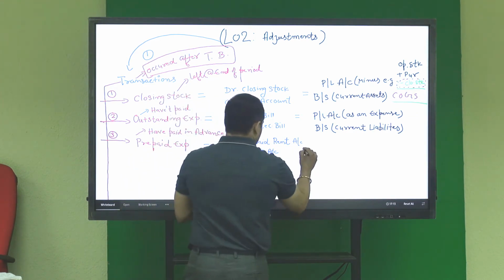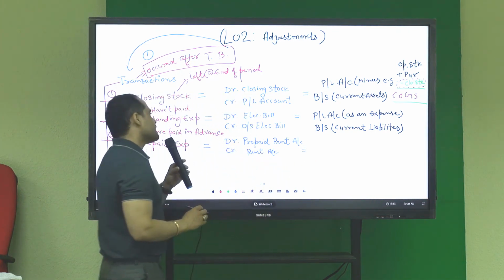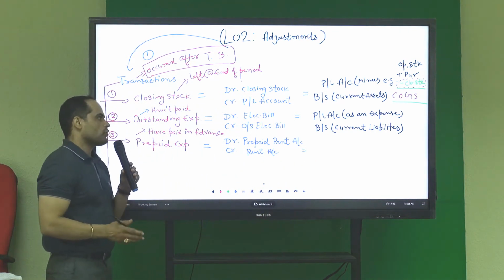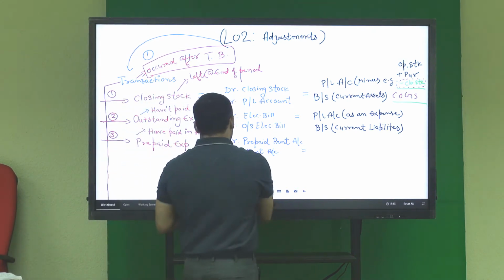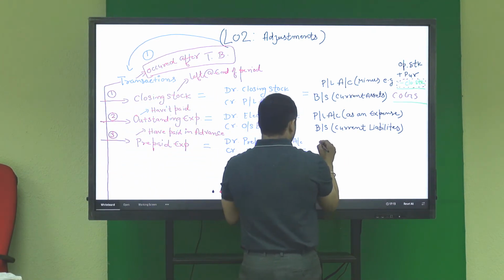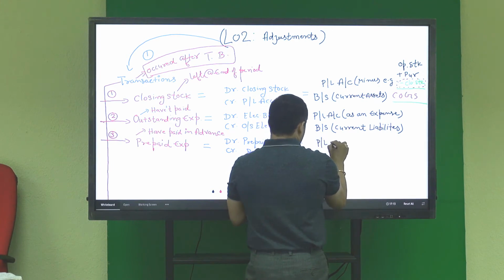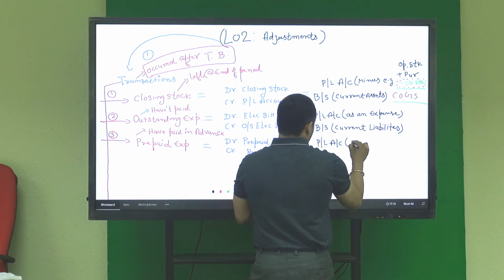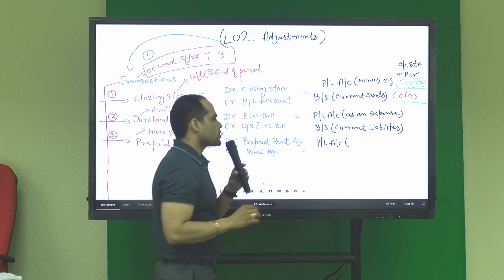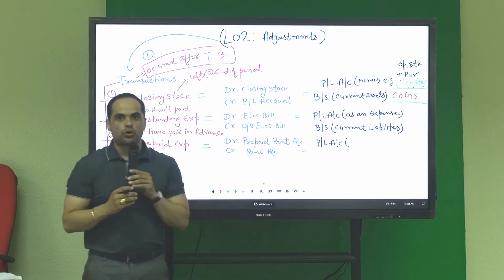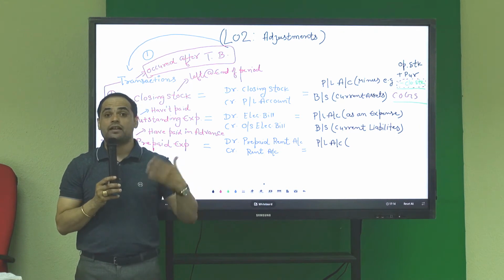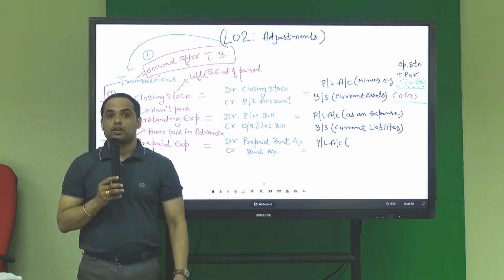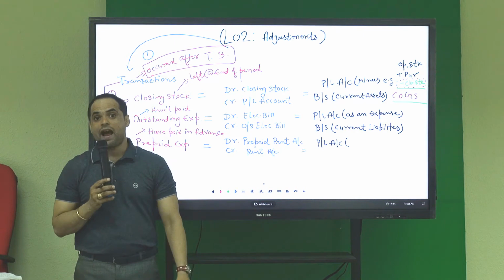Okay. Now, what will be the treatment in your profit and loss account? It will be subtracted from your rent, because you already paid rent in advance. So, of course, next time you don't have to pay.